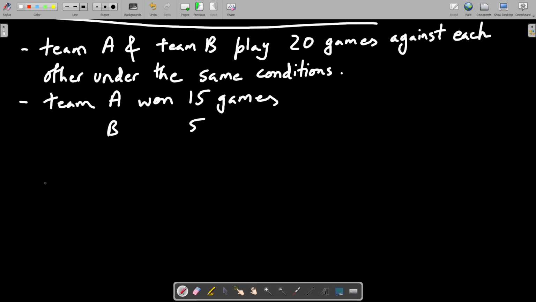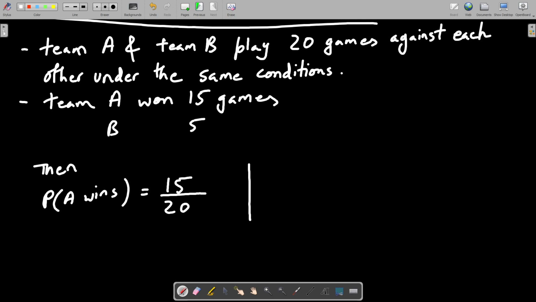So in such a situation, the probability of A winning the game will be 15, the games which they won, divided by the total number of games they played. And in the same way, the probability of B winning. So this is, as we know, 0.75 and this is 0.25.